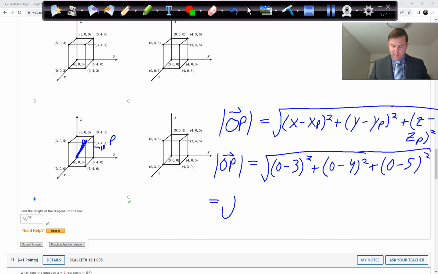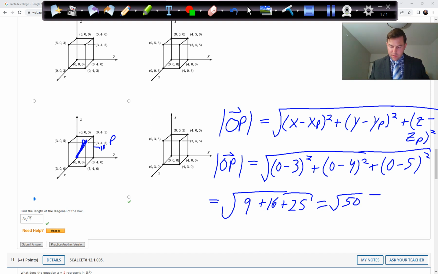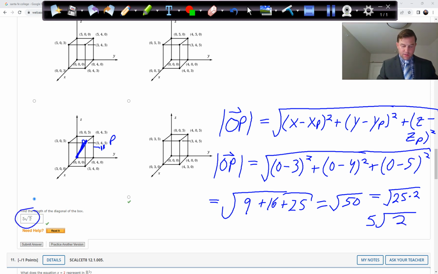And that all quickly breaks down to just the square root of 9 plus 16 plus 25, which is the square root of 50. You can write this as 25 times 2. But 25 can come out of the square root as a 5, since the square root of 25 is 5, and that leaves the 2 inside. So you get 5 root 2.